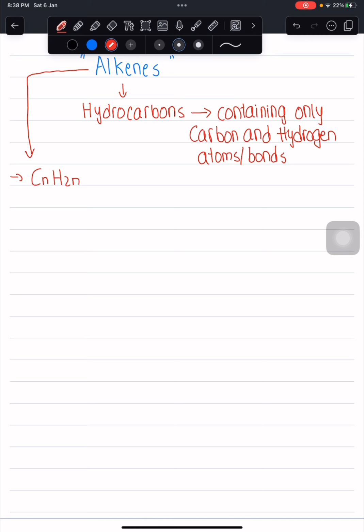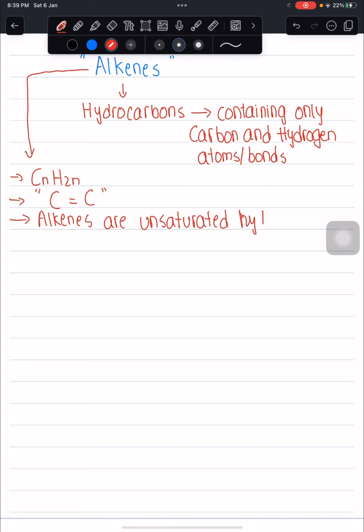So the same concept goes over here. Now let's talk about the functional group. The functional group for alkenes is that it contains a carbon-carbon double bond. So now that a double bond has come, we can say that alkenes are unsaturated hydrocarbons.